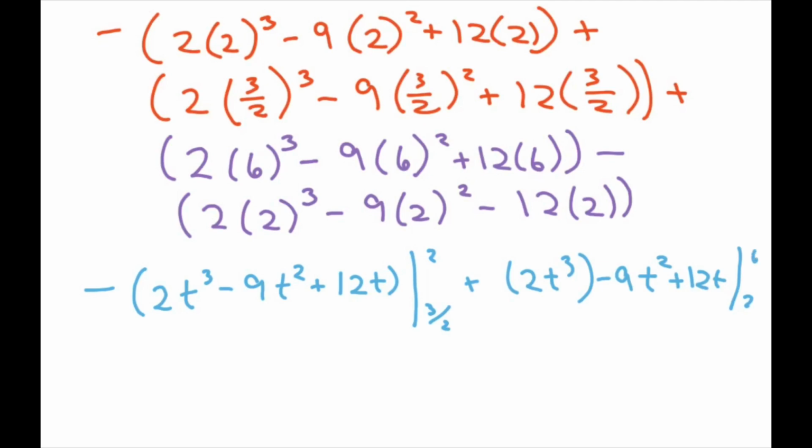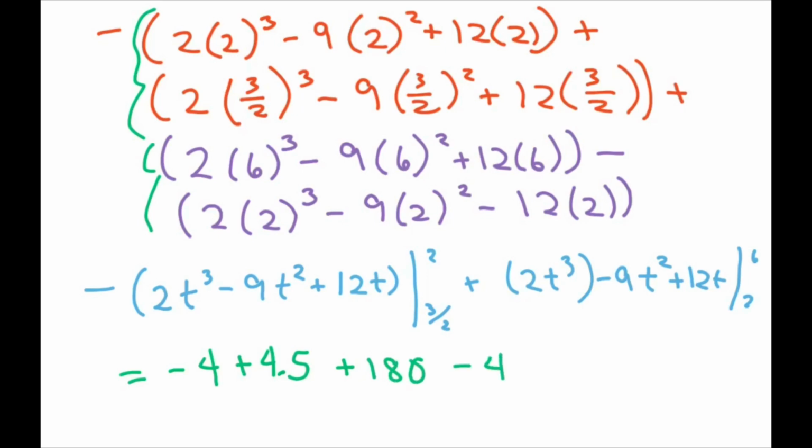We already did that part, so this is those two parts right in here. Now your answer is going to end up being negative 4 plus 4.5 plus 180 minus 4. And this gives you 175.5, or in fraction form, 351 divided by 2.